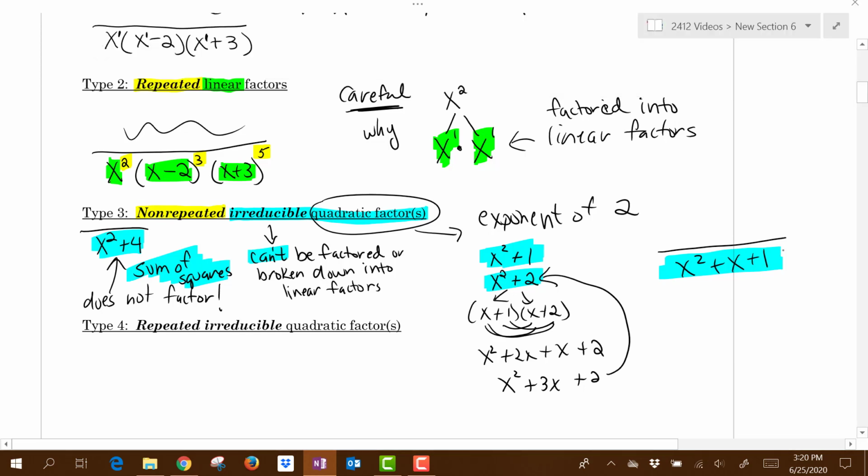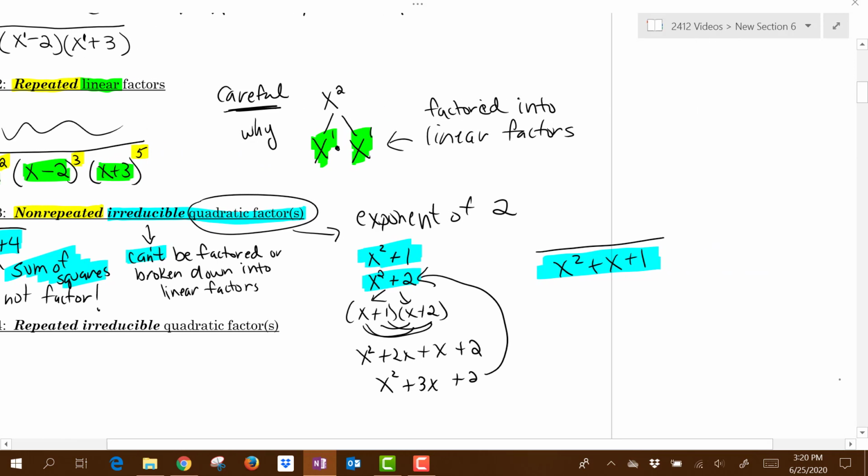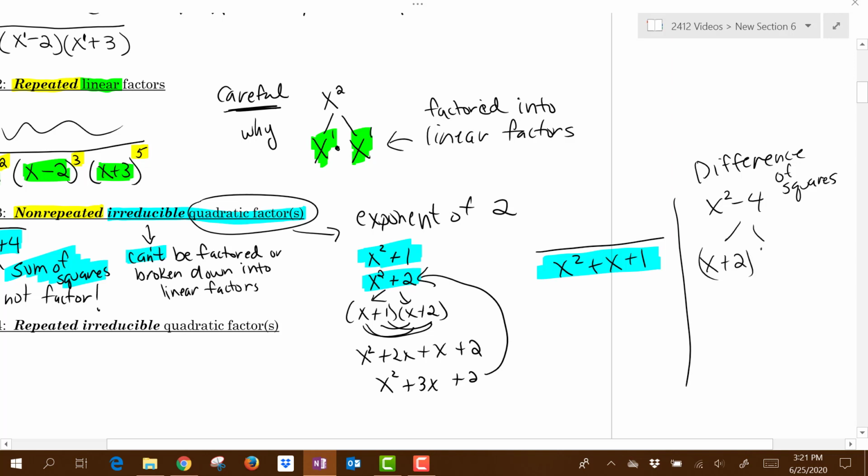Now let's talk about something that does not fit into this category. X squared minus 4. What category does x squared minus 4 fit into? This is actually what we would call, from algebra, a difference of squares. Not a sum of squares, but a difference of squares. Now, a difference of squares I can actually factor as x plus 2 and x minus 2. Both of those are linear factors.